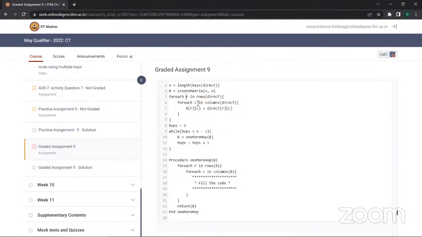So we are picking every pair of such entries, R, C: initially 0,0, 0,1, 0,2, 0,3, 0,4, and so on. For each such entry, we will find its equivalent entry in this direct dictionary, and whatever value you have originally there, you will simply copy it here.